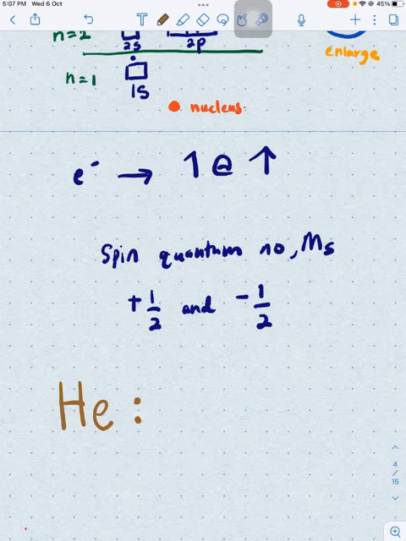Kita dah tak nak tengok dia, kita cuma nak tengok pada atomic number or proton number. Because basically our discussion adalah how to write electron configuration. So yang paling penting untuk kita adalah berapa bilangan elektron dia kan. So helium, tengok kat periodic table berapa elektron. Dua kan? Dia ada 2 elektron.